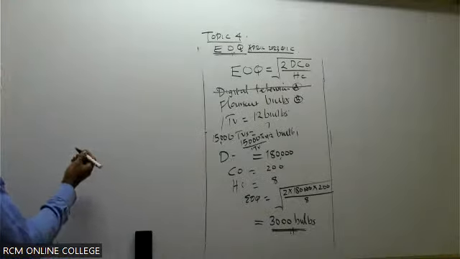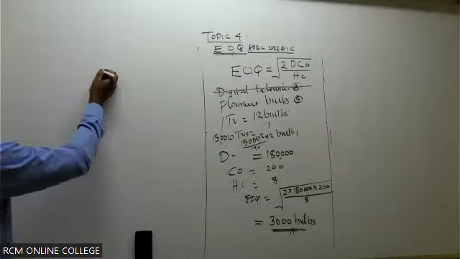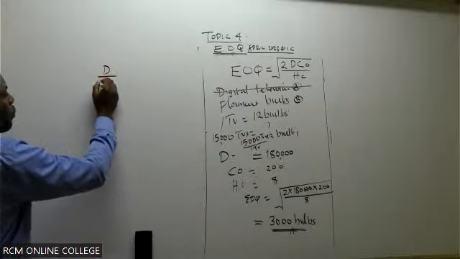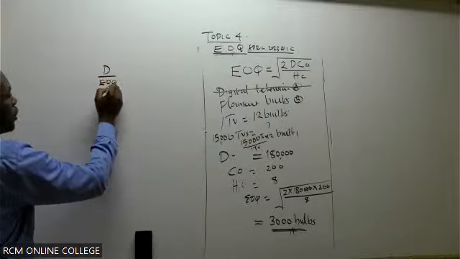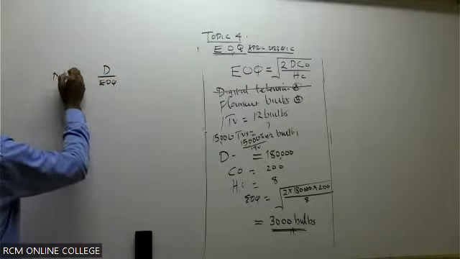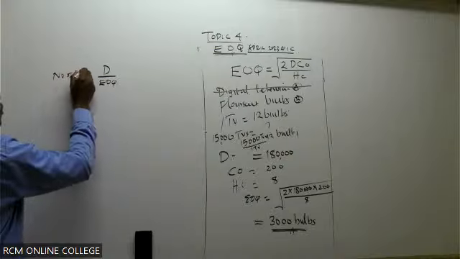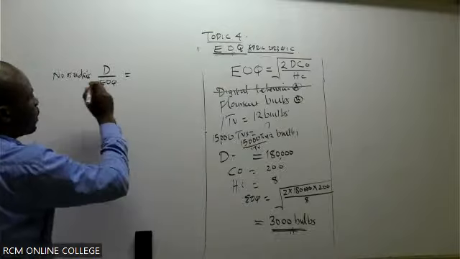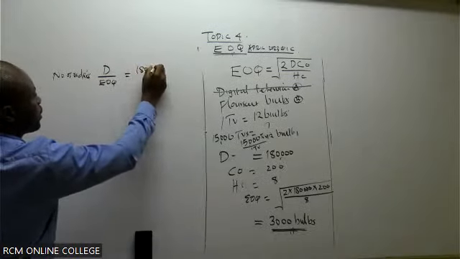This is what will happen. So how do we get number of orders? Number of orders is equivalent to demand over economic order quantity. Demand is 180,000.